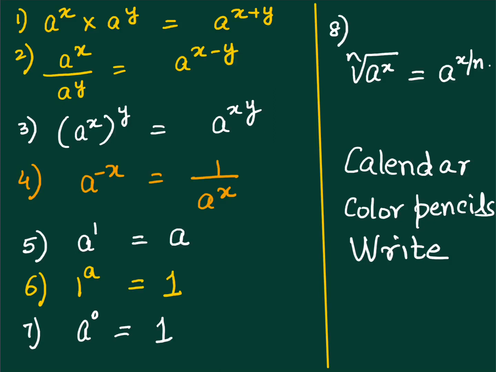Just write these formulas in different colors and go through them one full day. So while you're having your breakfast, lunch and dinner, just go through these formulas, and that's what you need in order to be able to attempt the questions on this particular topic.